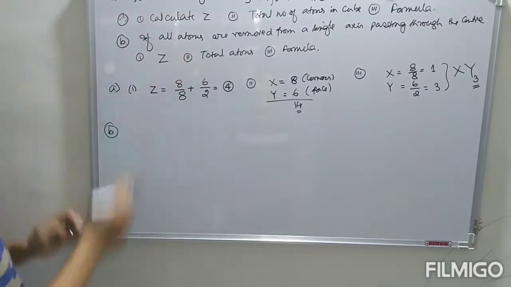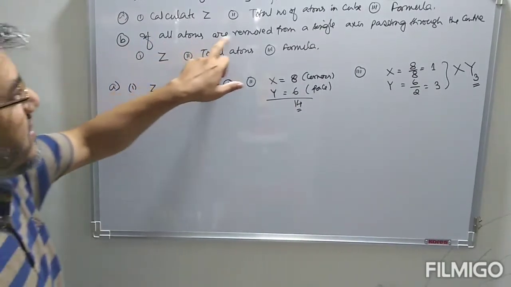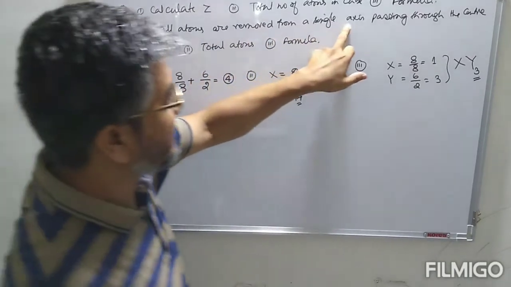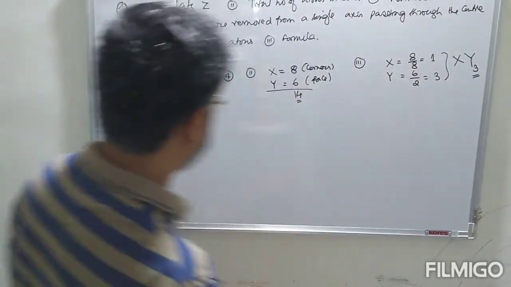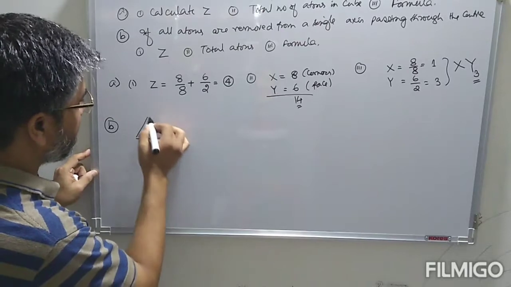Now coming to the second: if all atoms are removed from a single axis passing through the center. So we have looked at this.